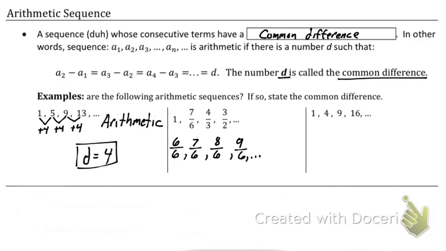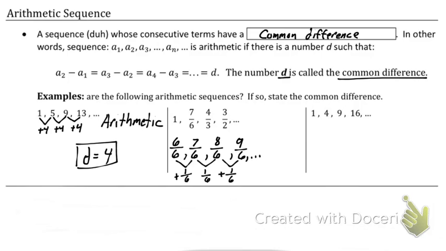Well, now I'm going to look at the numerator. It's just going 6, 7, 8, 9. And my denominator stays the same, so I must be adding, and we are just adding 1 over 6. So to get from 7 to 8, I just add 1 over 6. To get from 8 to 9, I'm just going to add 1 over 6. So we're just adding 1 over 6.